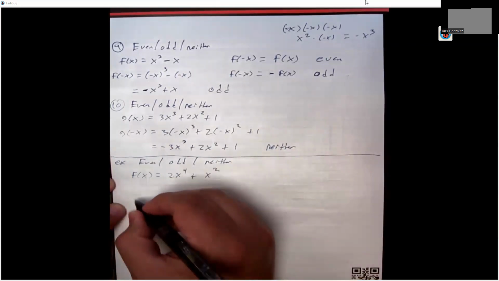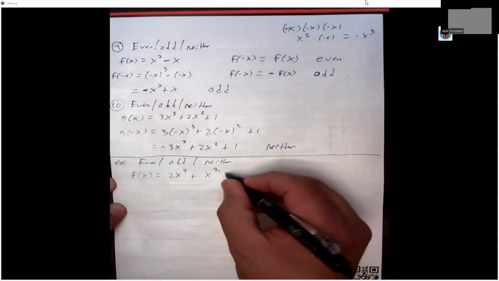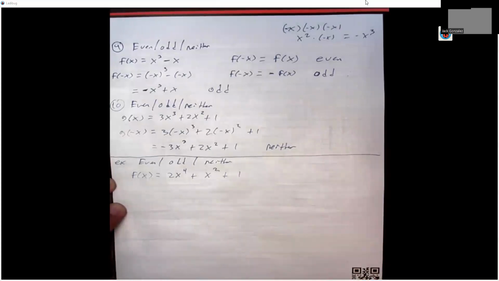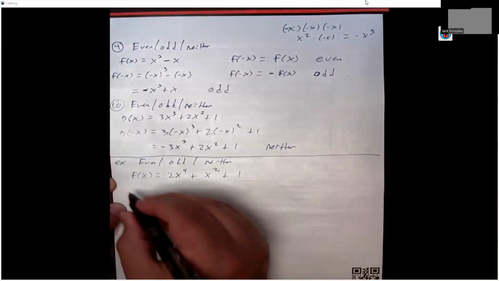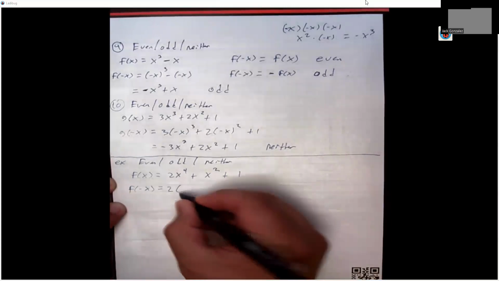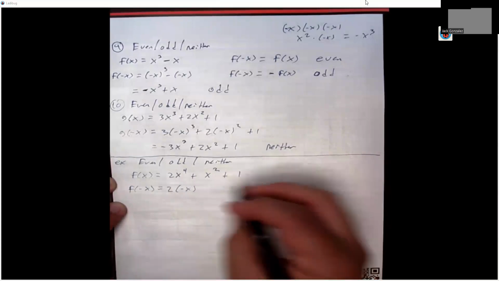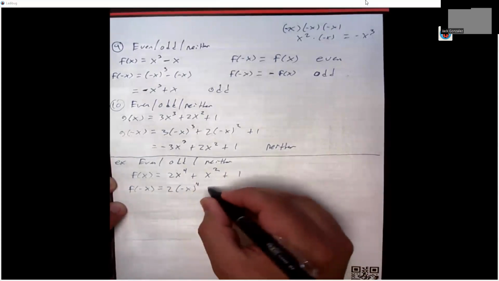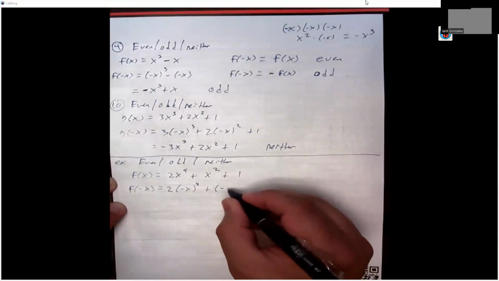So if you plug in a negative x and it stays the same, we have even.